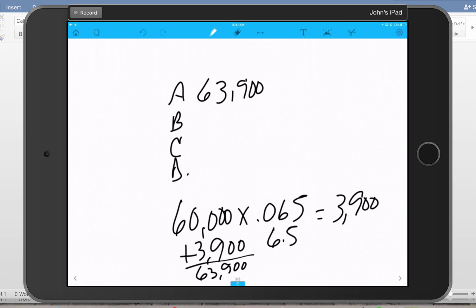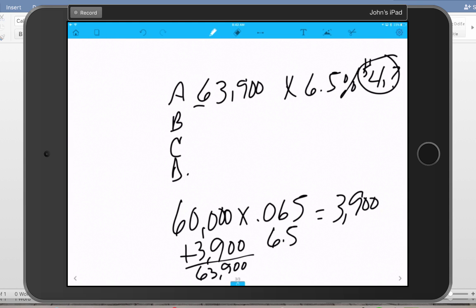However, if you worked this backwards, if you took 63,900 times 6.5%, you would have noticed you came up with $4,000 and some change. When you subtract this commission from 63,900, it will not net the seller $60,000.